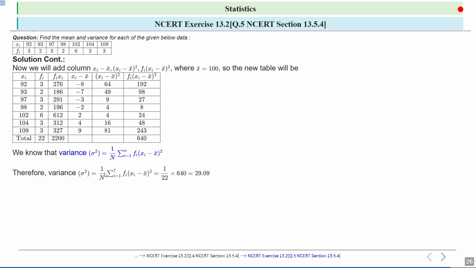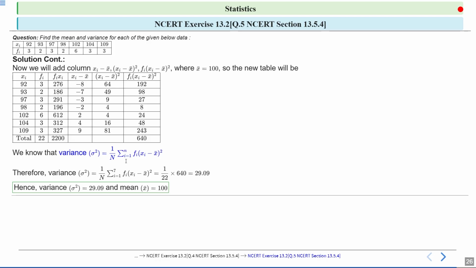So variance sigma square equals 1 by 22 times 640, and this is simply equal to 29.09. Hence the variance is 29.09 and the mean x bar is 100.